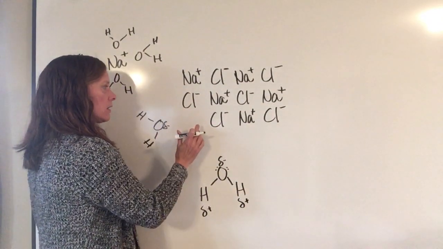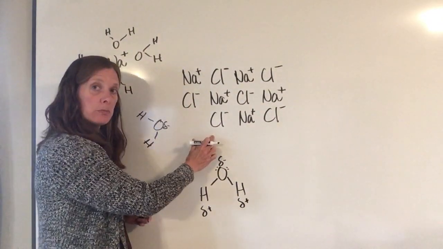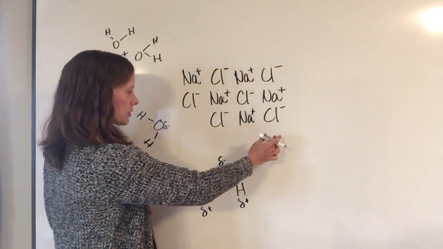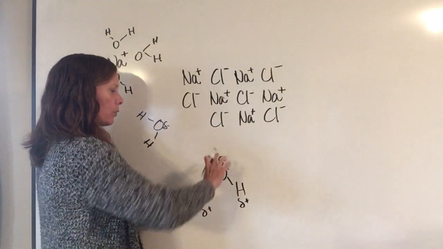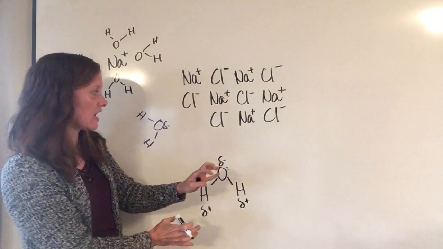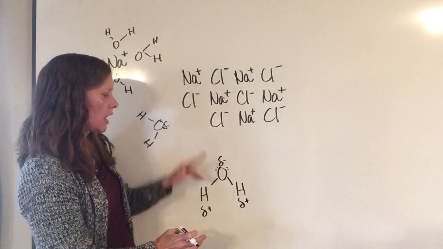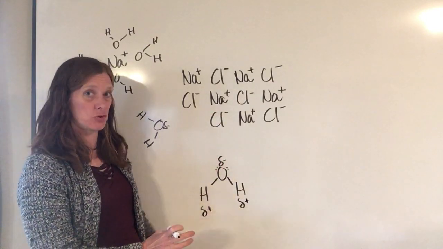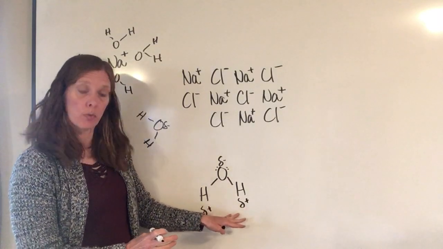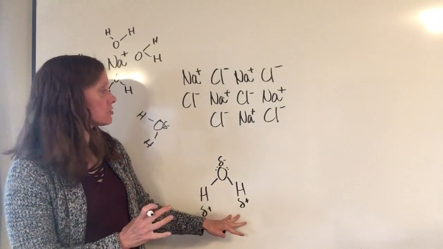Now what you've got here is I've got chlorine that's going to be more exposed. I've got chlorine exposed here on the corner, but this time the water molecules are going to orient themselves the other way, because this negative charge is going to be attracted to the positive charges on the water molecule, because remember, again, opposite charges attract.